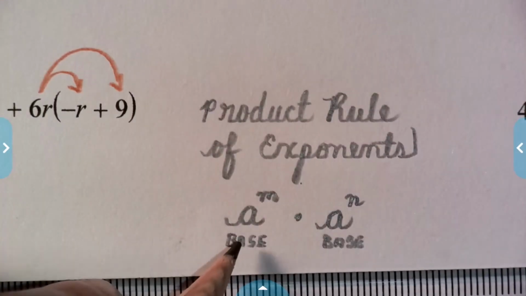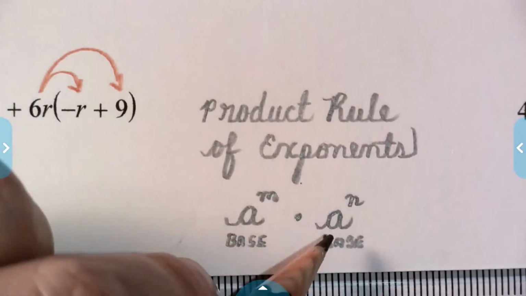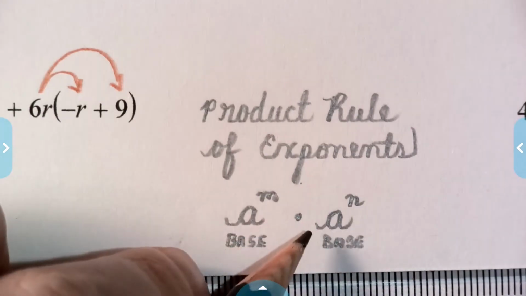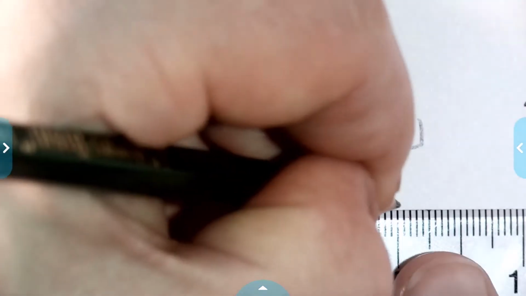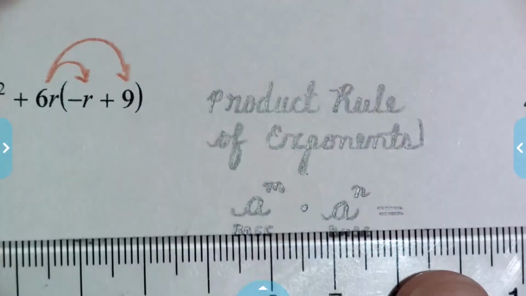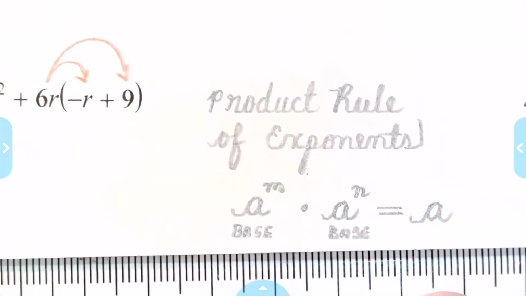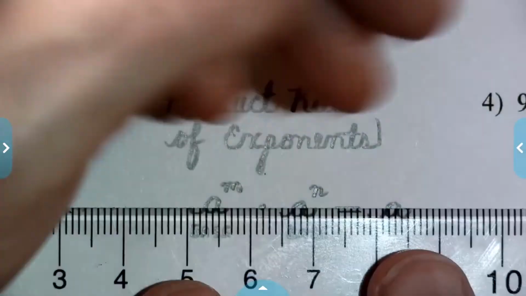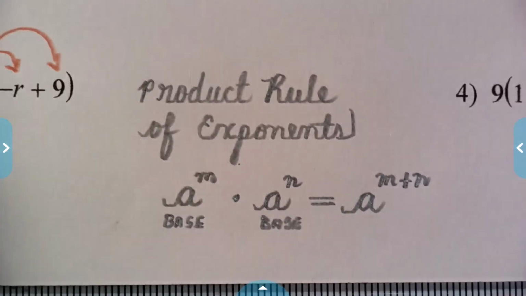So notice this, it's very important. The bases have to be the same for this to work. That is equivalent to a raised to the power of m plus n. Okay?